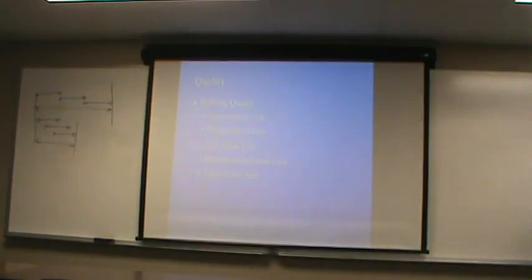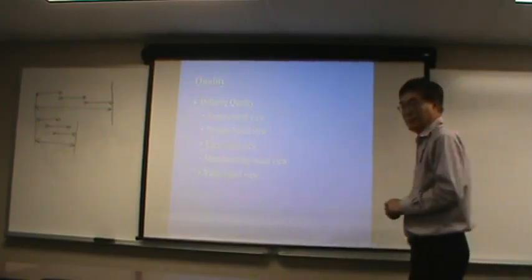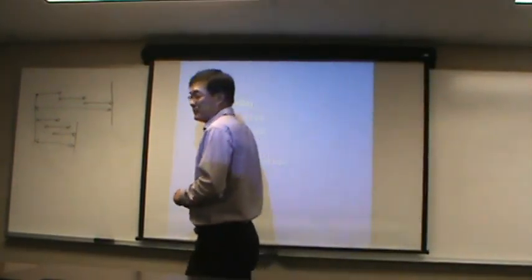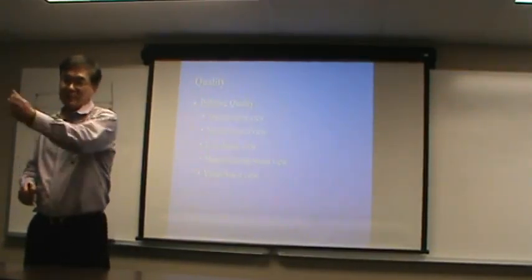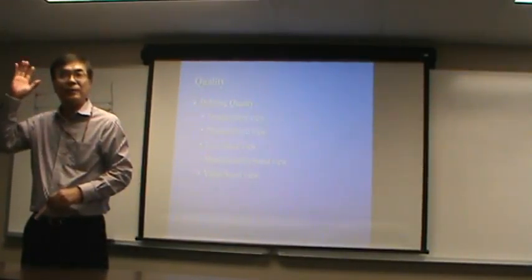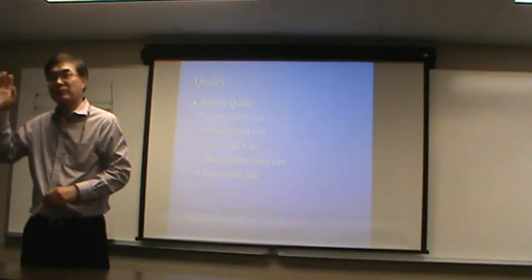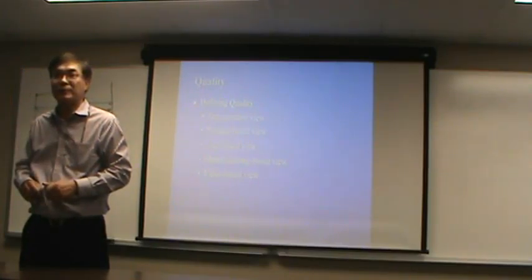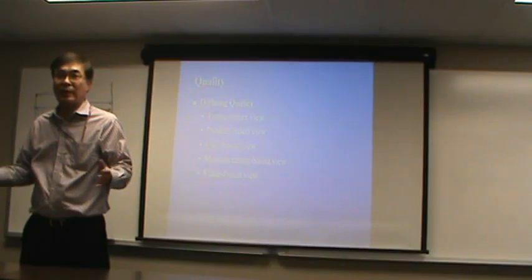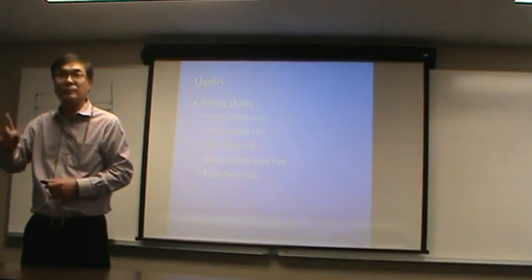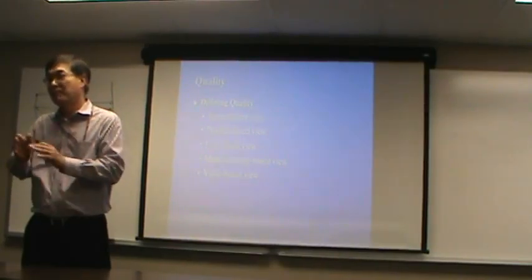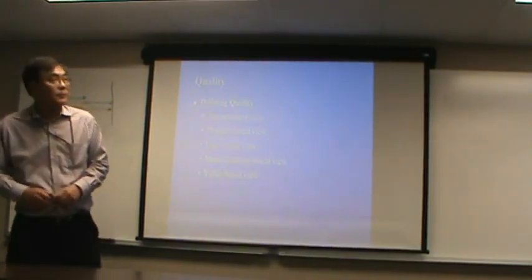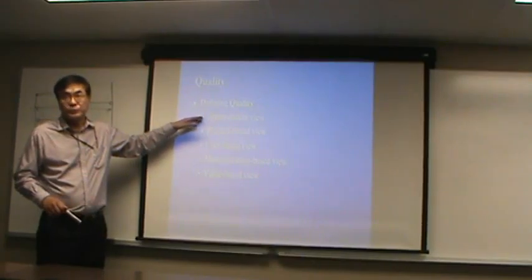Okay, when we say quality, someone may have a different concept of the definition of quality. So you say there is no one definition of quality, many different, based on view.